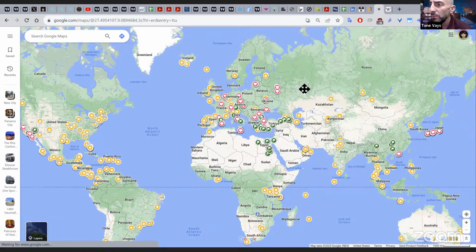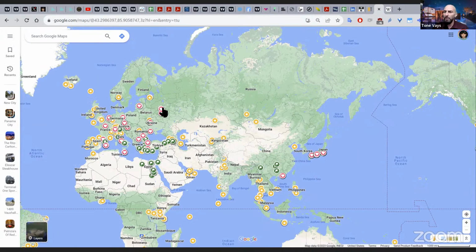Okay. What you have to realize is, if you take a plane from Moscow to the edge of Russia, it is actually a shorter flight than a plane from one end of Africa to another end of Africa. The map gets stretched the closer you get to the poles.